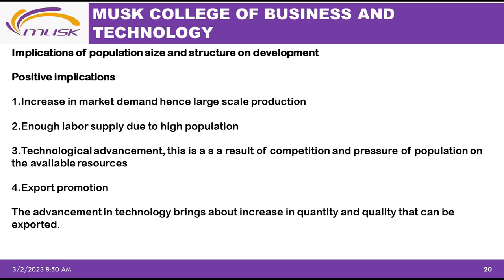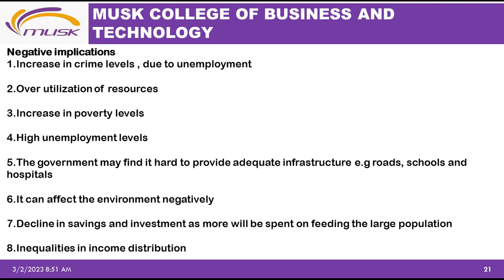This is as a result of competition and pressure of population on the available resources. And finally, on a positive note, high population is going to lead to export promotion. We are saying the advancement in technology brings an increase in quantity and quality that can be exported.